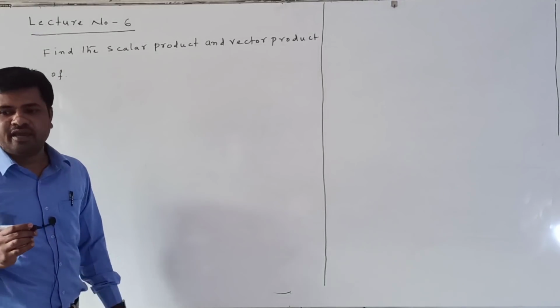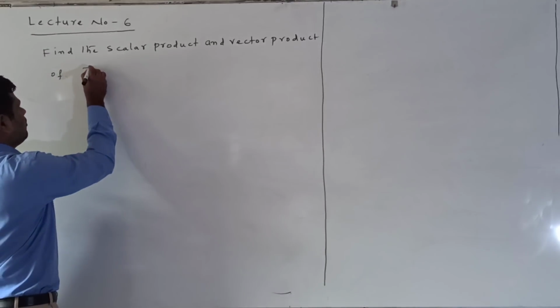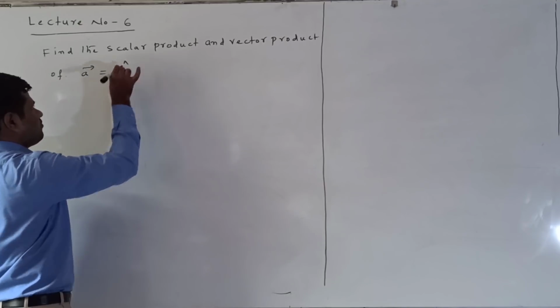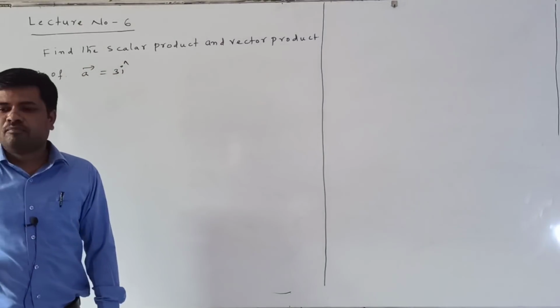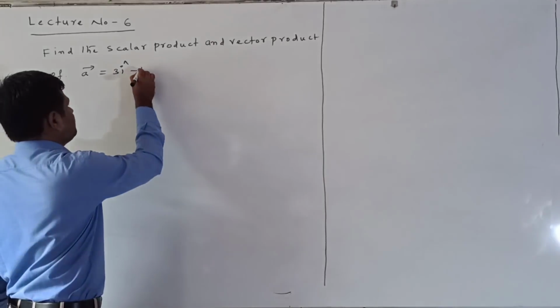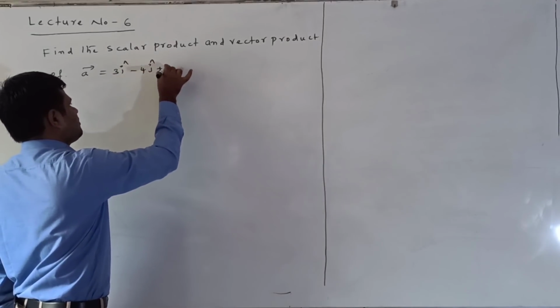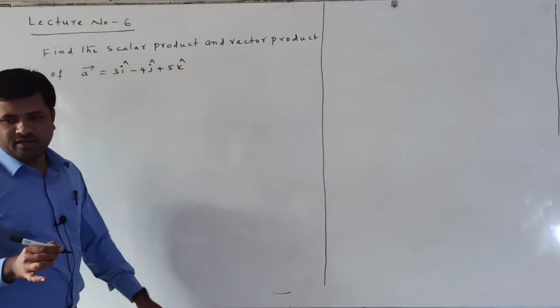I consider a bar is equal to 3 i cap minus 4 j cap plus 5 k cap. This is a bar vector.